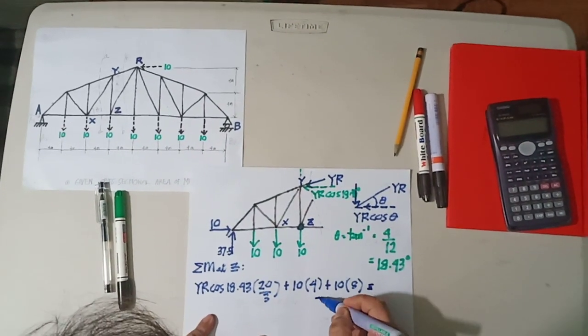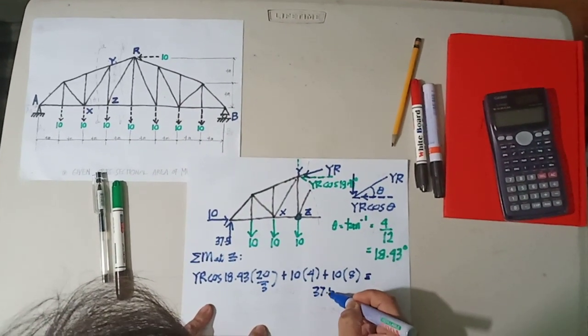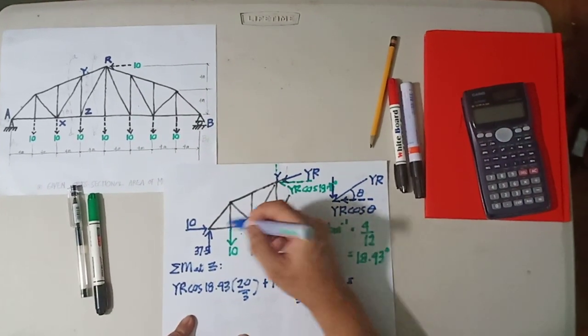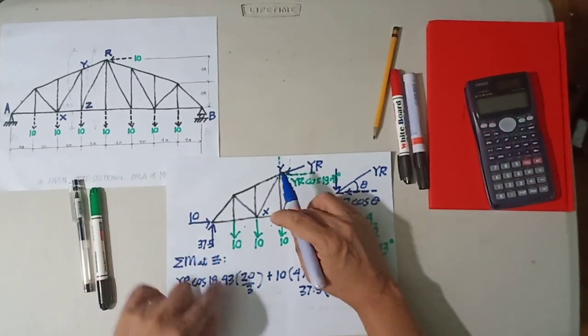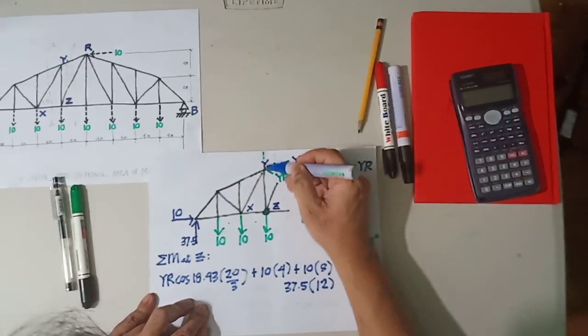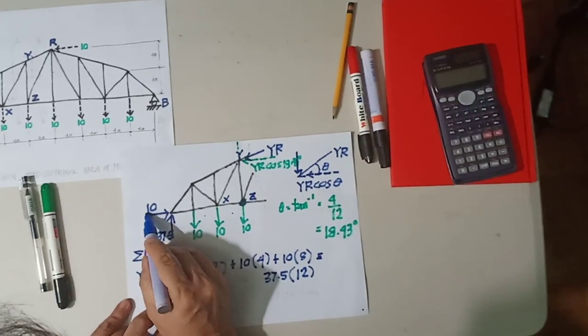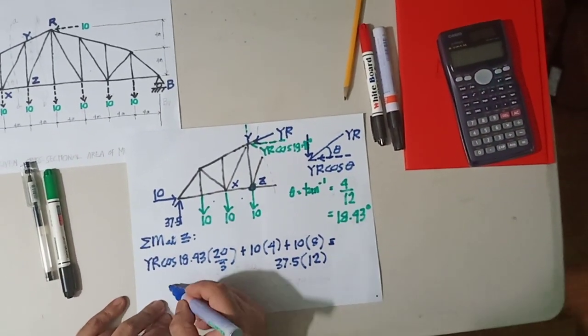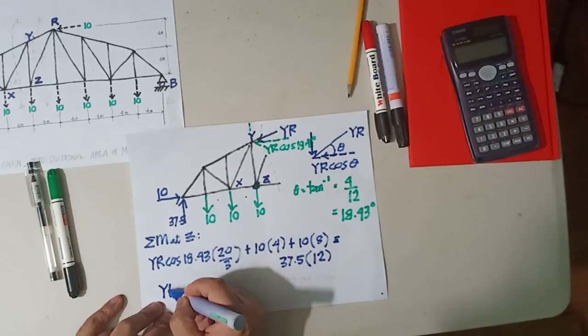You have 37.5. You multiply it by 12, because from this, your distance there is 12. Now take note, you don't have the vertical component of this anymore because it will pass through 0. The 10 will also pass through 0, so they're eliminated.